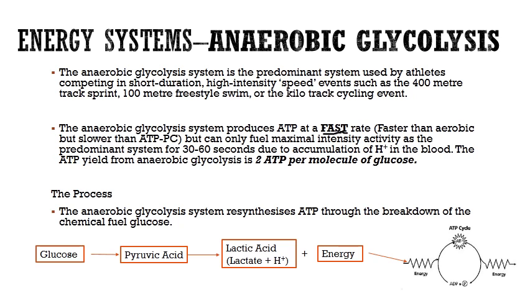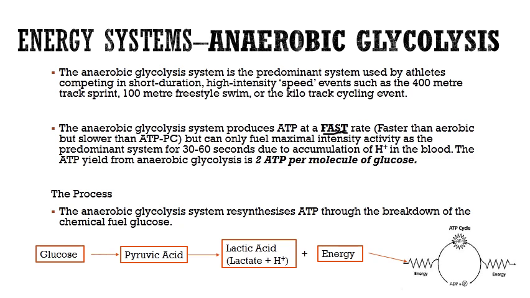As I said before, in terms of yield, its yield is still relatively low. So per molecule of glucose, you make 2 molecules of ATP. So it's enough ATP to fuel activity for 30 to 60 seconds.